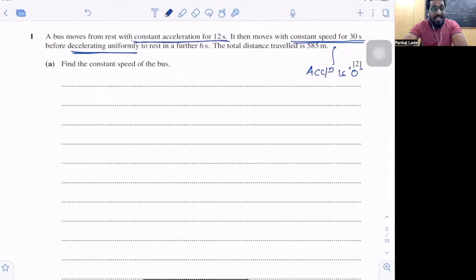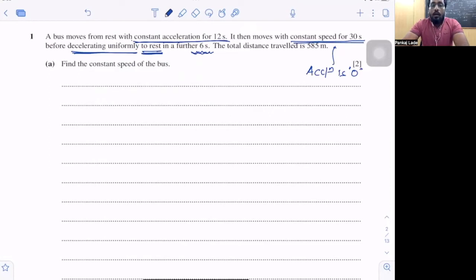So constant or uniform deceleration, and the body comes to rest in the next 6 seconds. You want to read the question very carefully. Unlike mathematics, in mechanics a lot of information is hidden in every single line, every single word that you read.